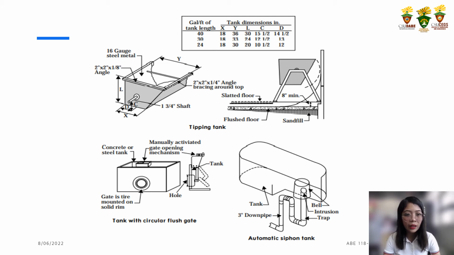So another kind of flush tank uses the principle of the siphon. In this tank, the water level increases to the point where the head pressure of the liquid overcomes the pressure of the air trap in the siphon mechanism. At this point, the tank rapidly empties, causing the desired flushing effect.